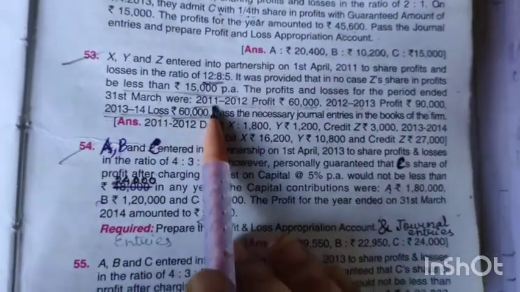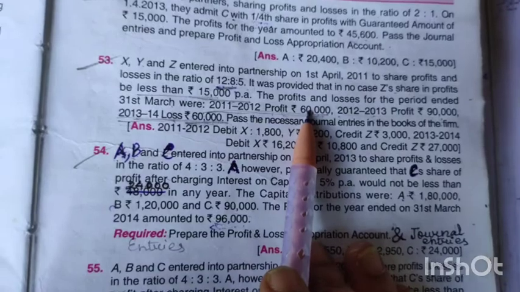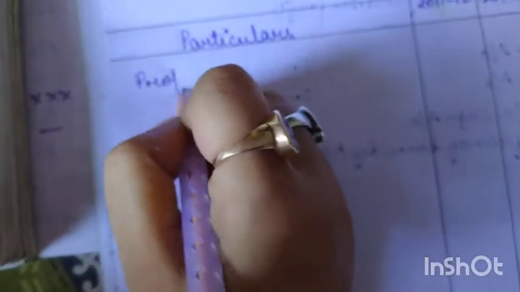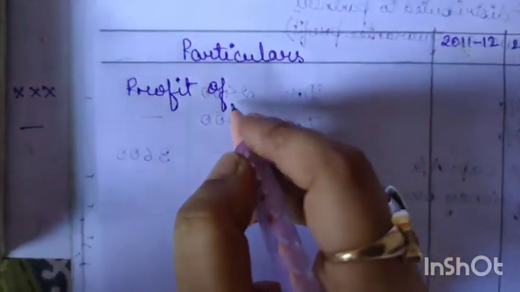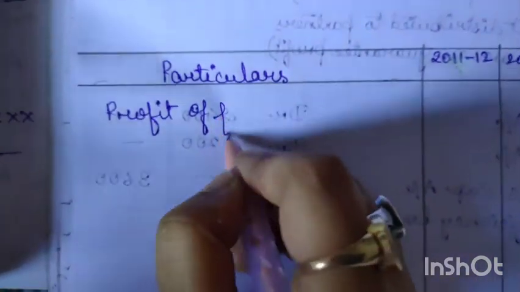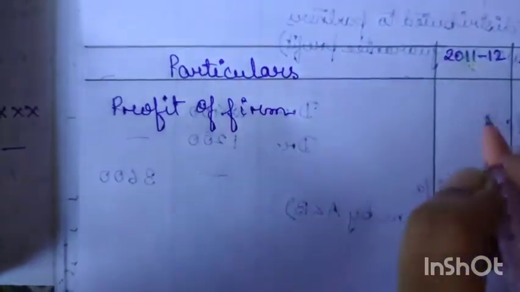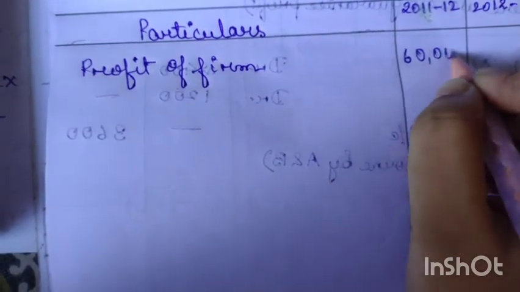Okay, now according to the question, in the first year what was the profit of the firm? 60,000. So we will write here profit of firm. In the first year the profit was 60,000.